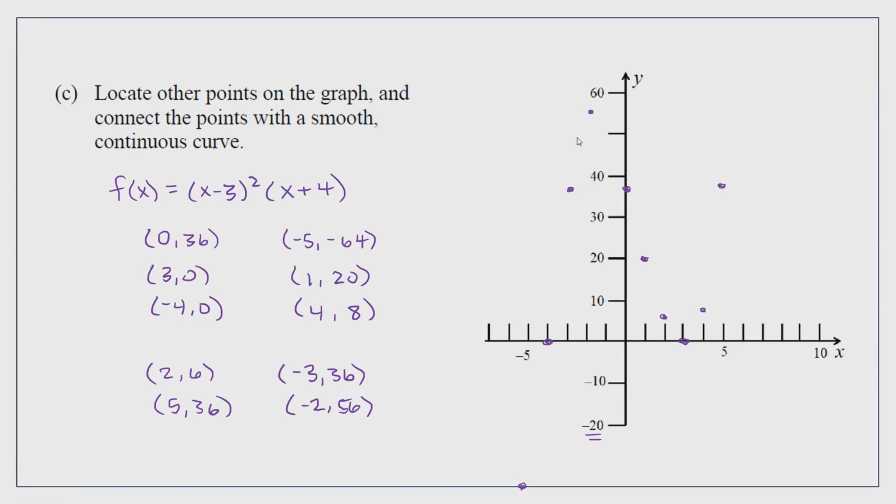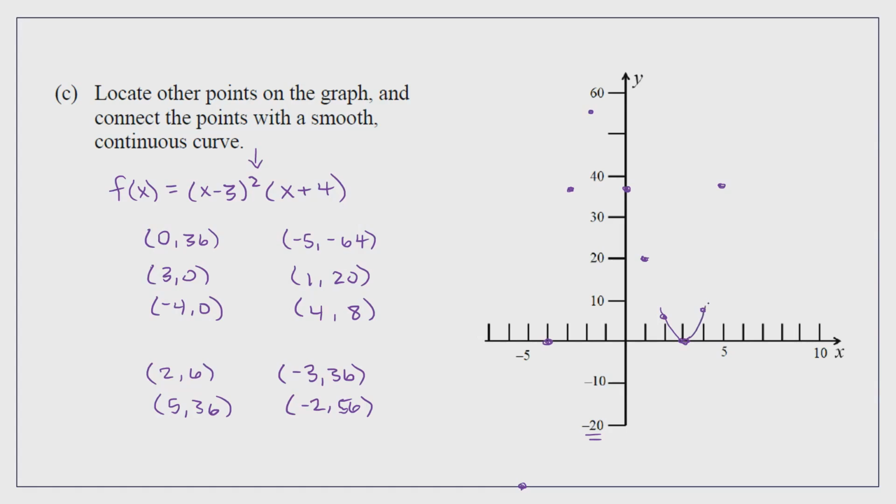I also wanted you to take note that x minus 3 gives us a 0 of 3, and it has a multiplicity of 2. Since it has a multiplicity of 2, it's even, therefore it touches the axis. So at 3, it touches, which means there's going to be a little bounce here.